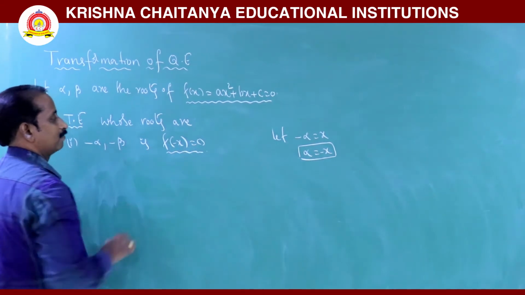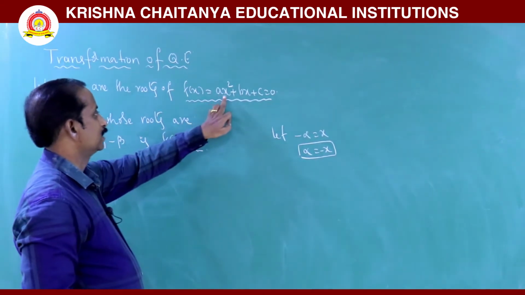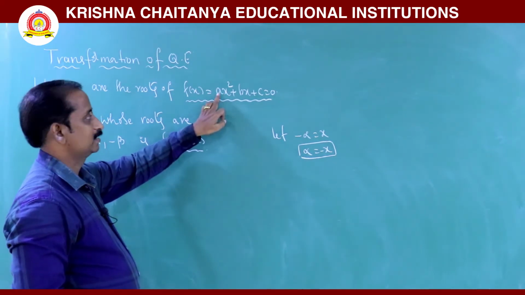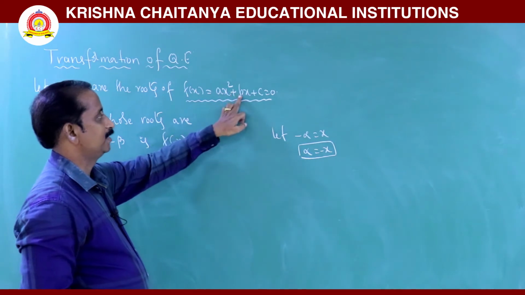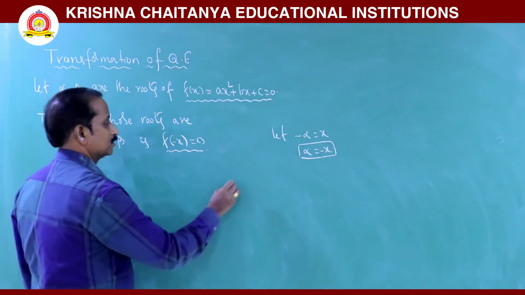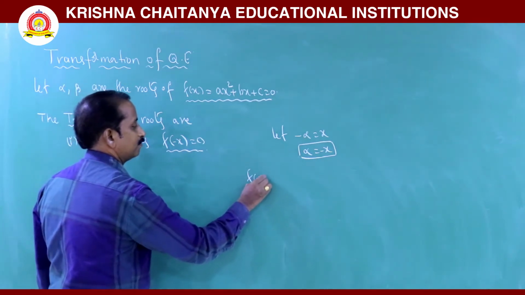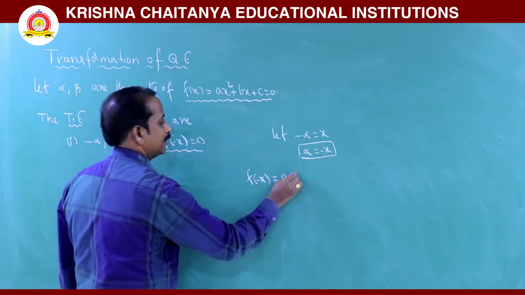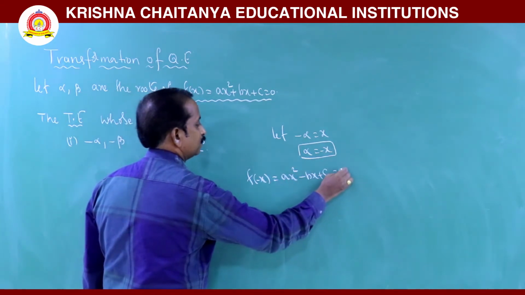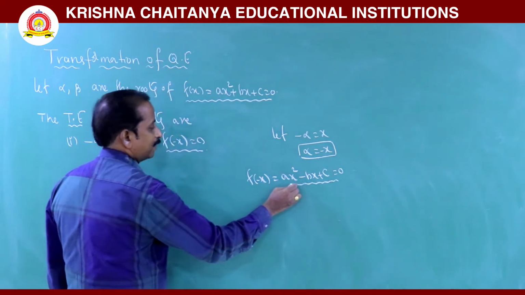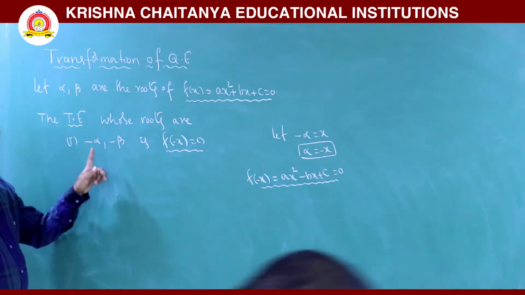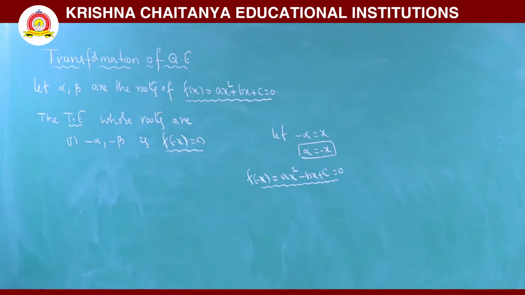Means the required equation is nothing but replace x by minus x: a into minus x whole square plus b into minus x plus c is equal to 0. So f of minus x is nothing but a times x square minus b times x plus c is equal to 0. This is the required transformed equation whose roots are negatives of f of x is equal to 0.